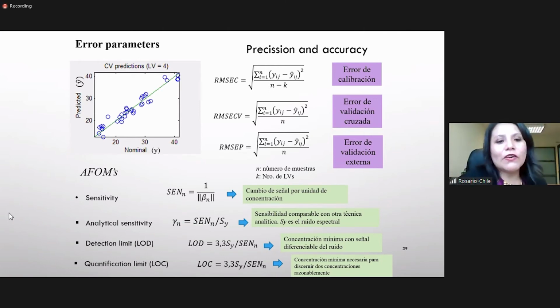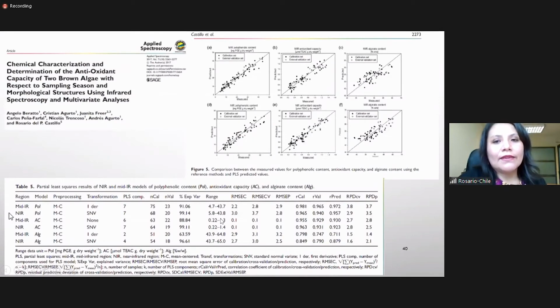Analytical figures of merit like sensitivity, analytical sensitivity, detection limit, and quantification limit are more complex, and even an area of chemometrics in themselves. But we can calculate them using the regression vector of the methods. Now I will show you some applications of multivariate calibration using PLS, the reduction method.